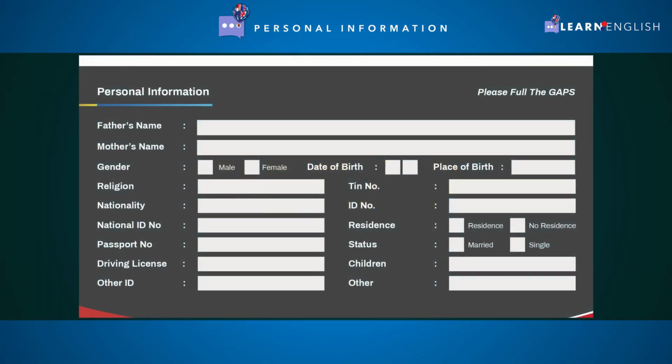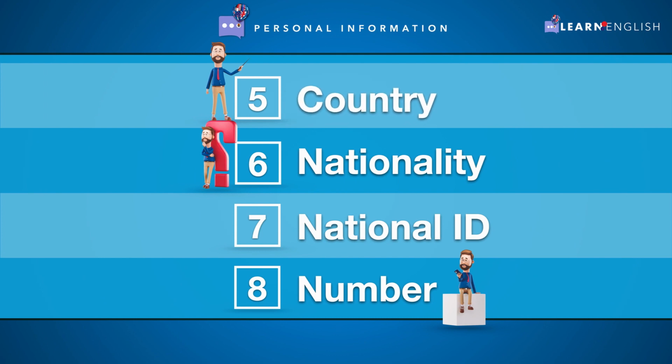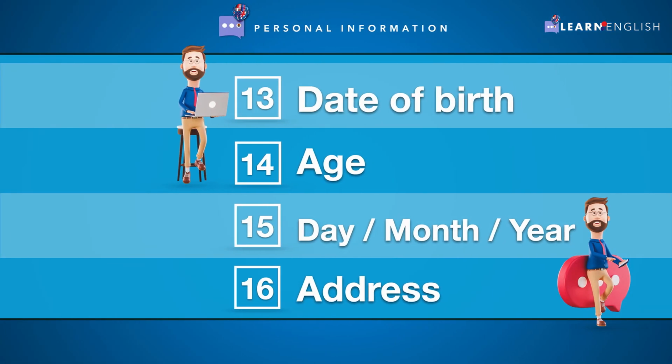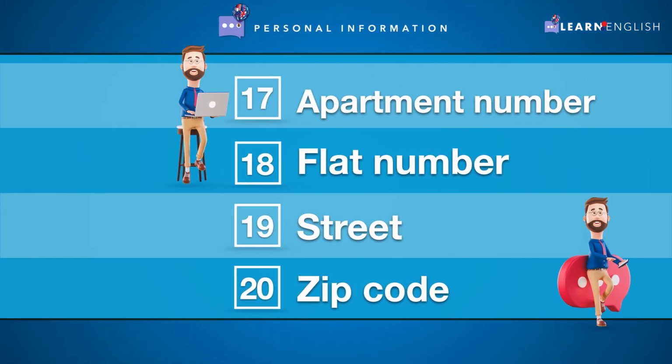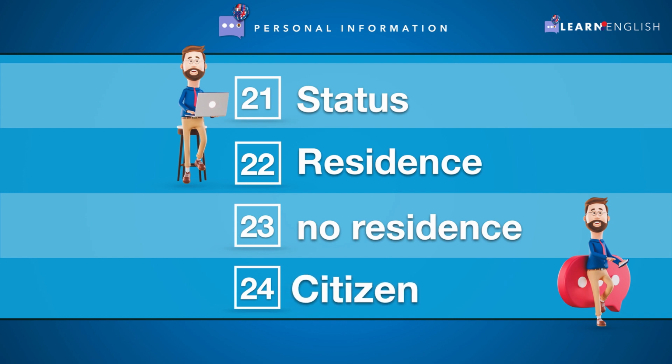Okay, let's review. Town, city, place of birth, state, country, nationality, national ID, number, identification, passport, driver's license, driving license, date of birth, age, day, month, year, address, apartment number, flat number, street, zip code, status, residence, no residence, citizen.